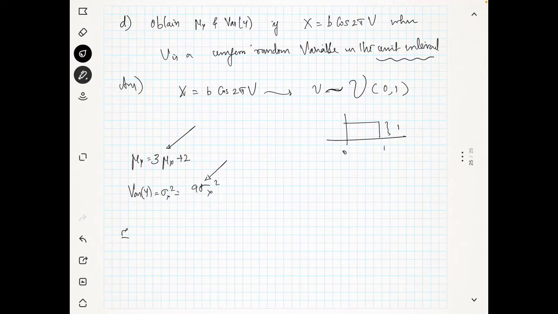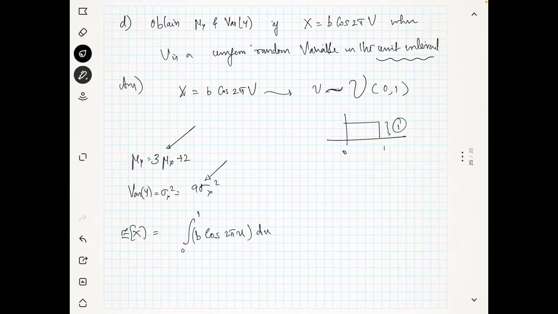So how to find the expected value of x? Expected value of x is nothing but x into f of x dx. You know that the distribution is changing from 0 to 1. So 0 to 1, and b cosine of 2 pi u into du, and the distribution is already 1.